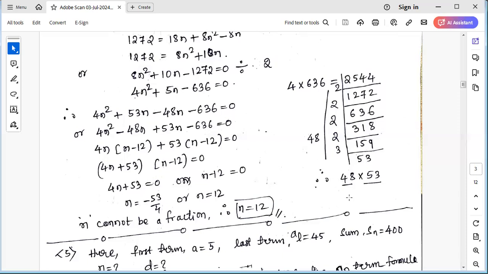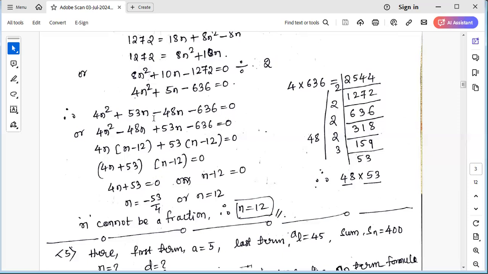So in this way you have to give the sign. So therefore you write the factors. It becomes 4n square plus 53n minus 48n minus 636 is equal to 0 in this way.